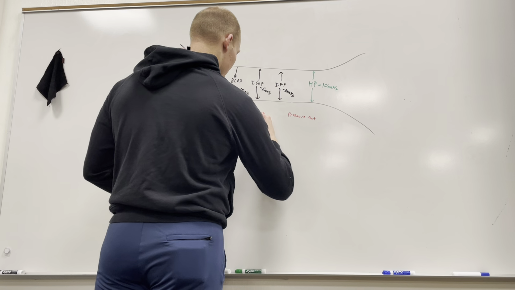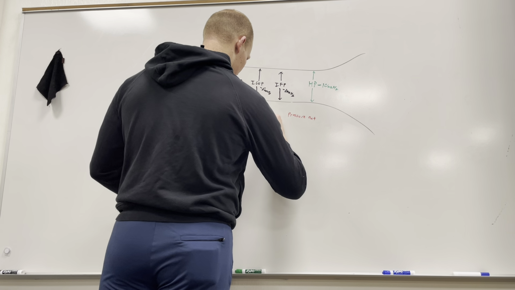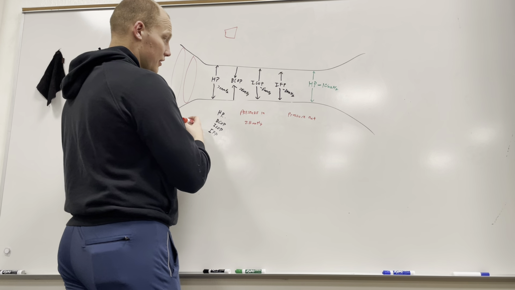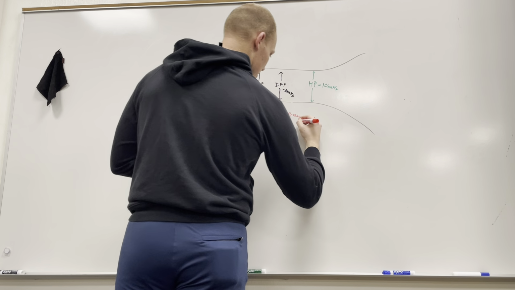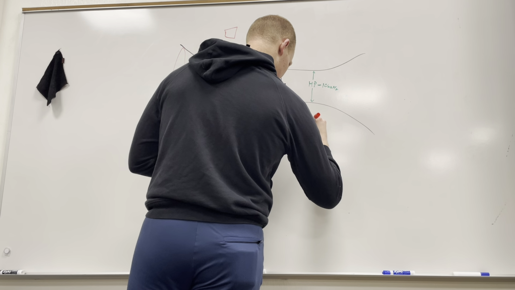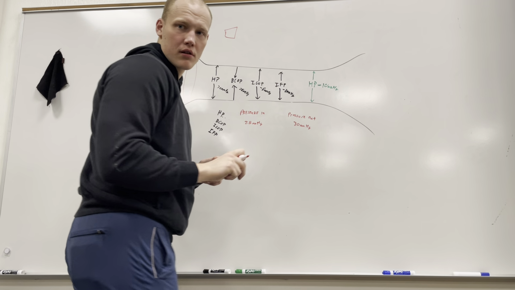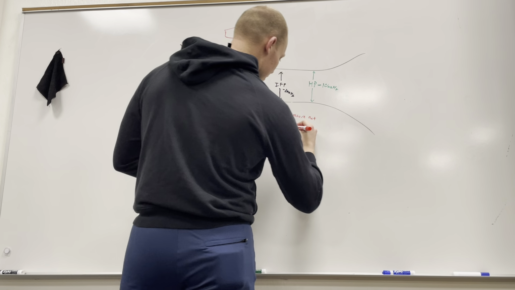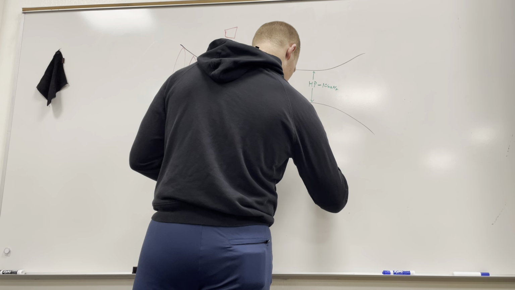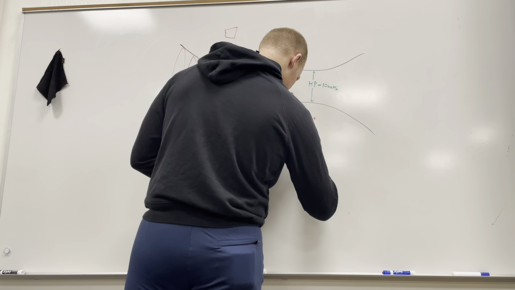So we can put 28 millimeters of mercury there on the arterial side, but then pressure out, we have 30 here. And then we have 8 and 3.